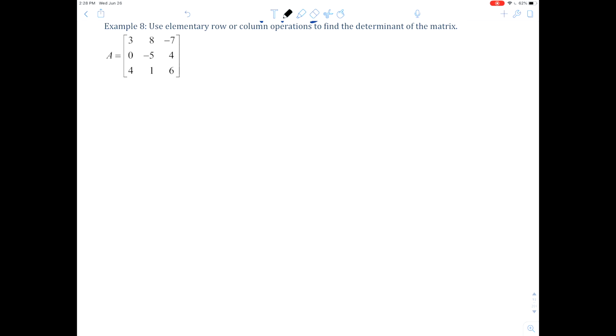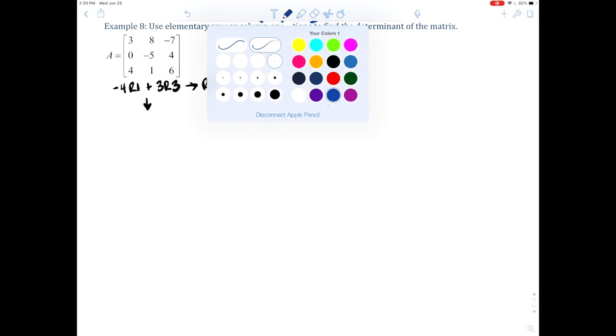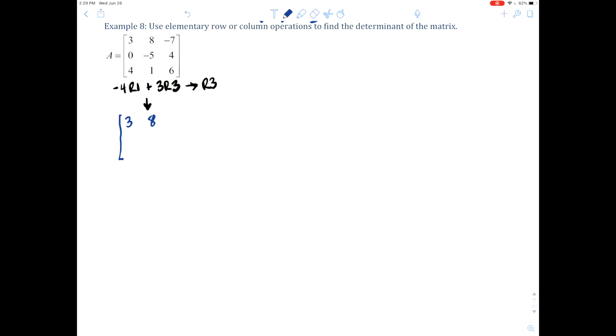So for my first step, I'm going to go ahead and take -4 row 1 plus 3 row 3, for a new row 3. This will give us the matrix of 3, 8, -7, and then 0, -5, 4.